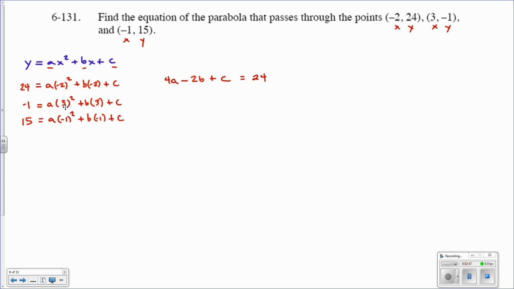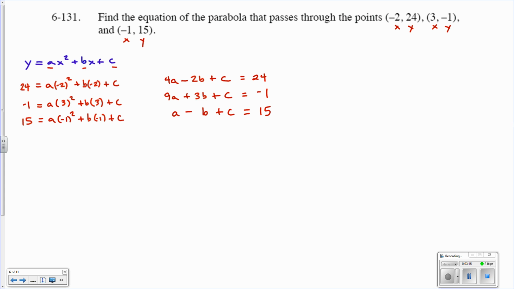Simplifying the second one, 3 squared is 9, so we have 9a plus 3b plus c equals -1. And the last one, -1 squared is 1 times a is a, so we have a minus b plus c equals 15.